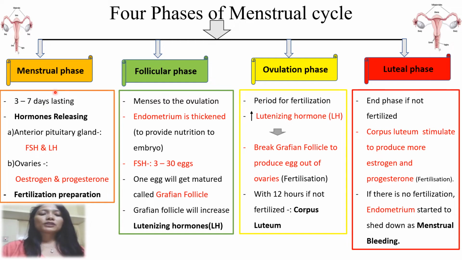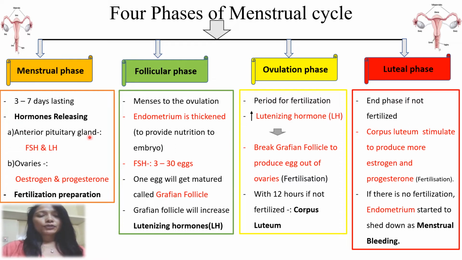If you are not able to mention that, you should mention the remaining points, which is how the hormones are produced. Two varieties of hormones are produced from different parts. First is the anterior pituitary gland, which you should make sure you write in your notes. FSH, which I have shortened, is follicle stimulating hormone, and the other is luteinizing hormone. Here I have also mentioned the long terms, so I hope you will understand since you are studying OBG, right?